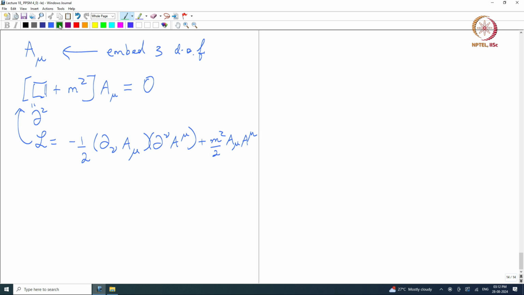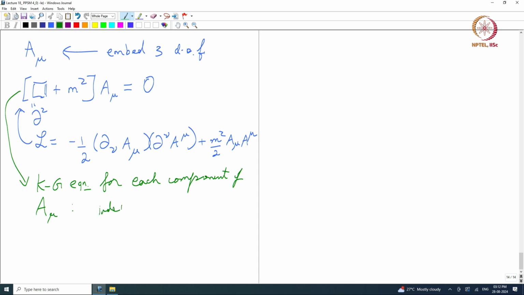Because what this actually describes now is a Klein-Gordon equation for each component of the 4 vector field. In other words, there are 4 independent propagating modes here.